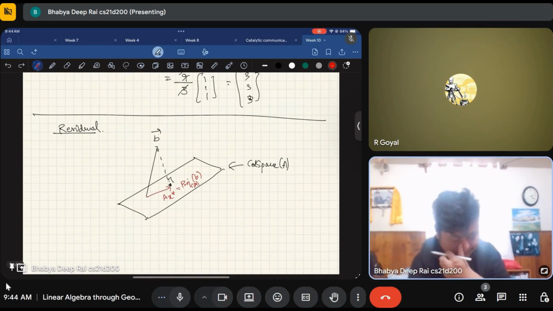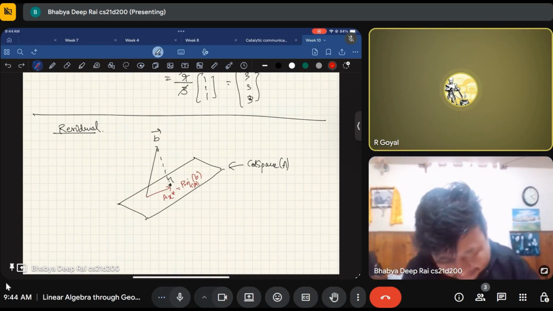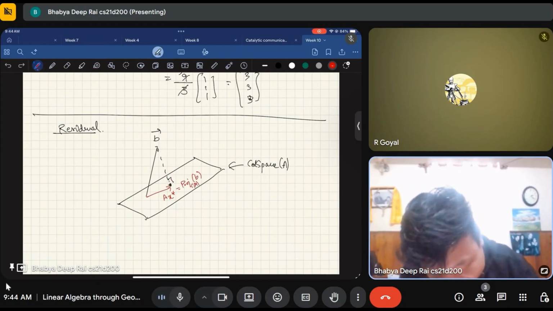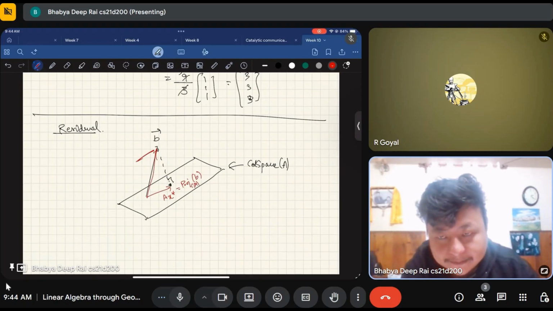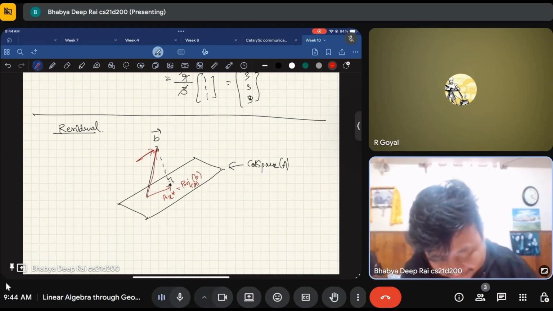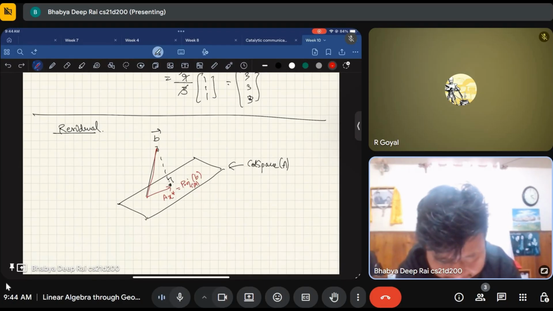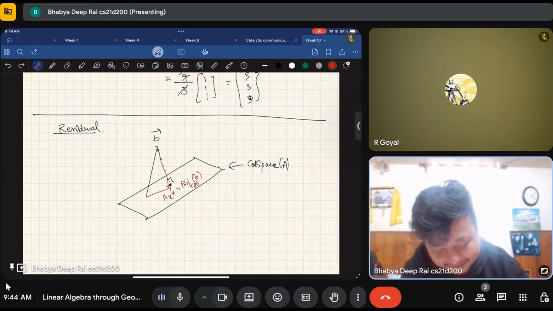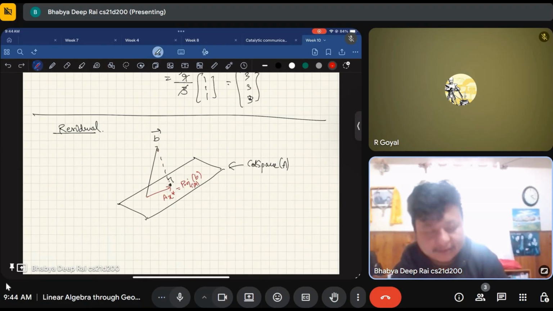In this case, I just want this component. But as you can see, b has a component on the left side also, which is causing some extra values that are not relevant to us. We just want this distance.